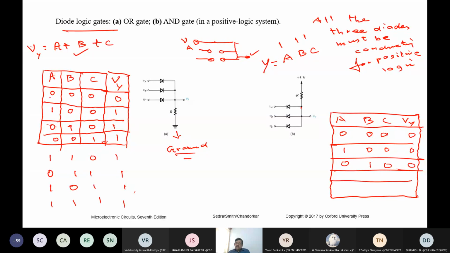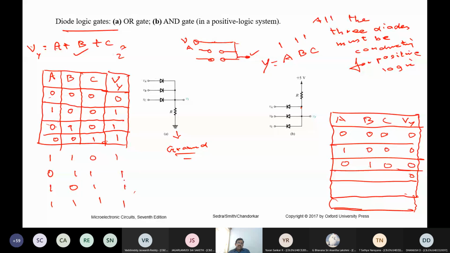So you can keep writing, all of them will be 0 except the last one. You see there are 3 gates. How many expressions can you get? There are 1, 2, 3, 4, 5, 6, 7, 8, so it is actually 2 power 3, which is 8.